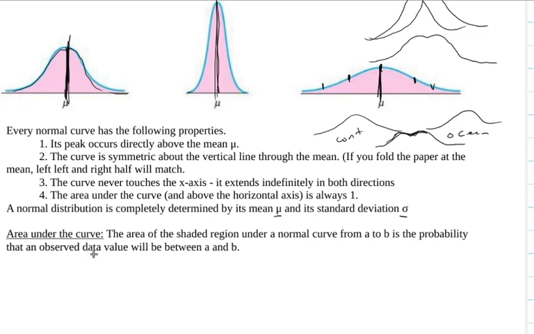And then lastly, the area under the curve. If you're trying to figure out the probability of being at any exact value, because this is a continuous distribution, the probability of being exactly any one value is essentially 0. Well, it is 0.